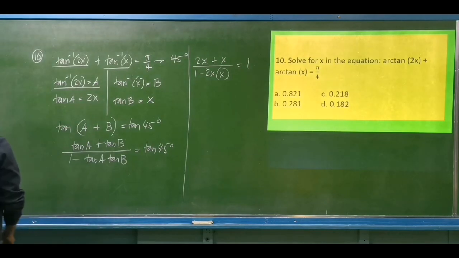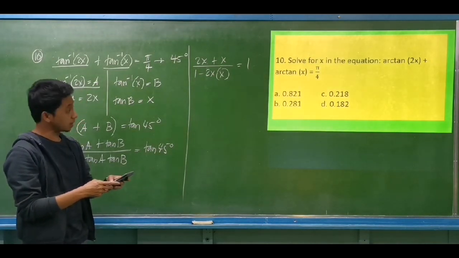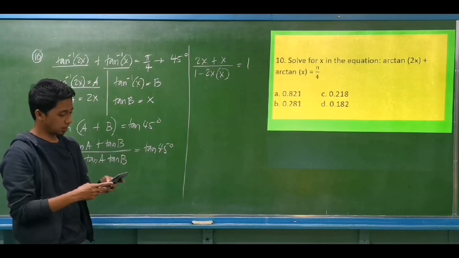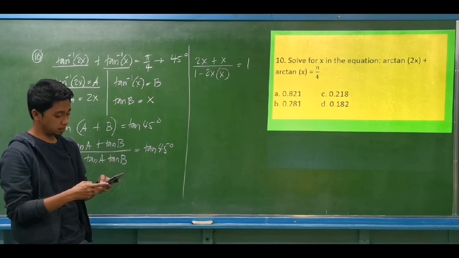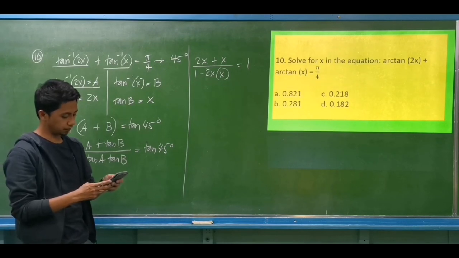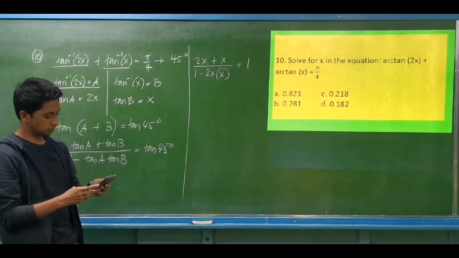So, kung mag-shift solve tayo, using calc, this is, we have 2x plus x, or that is 3x. Pareho lang yun as 3x divided by 1 minus 2x squared is equal to 1. Shift solve.